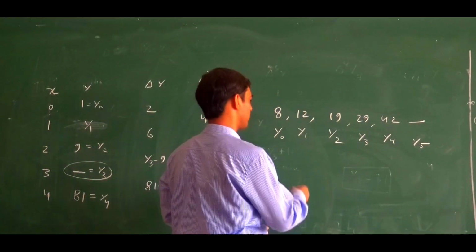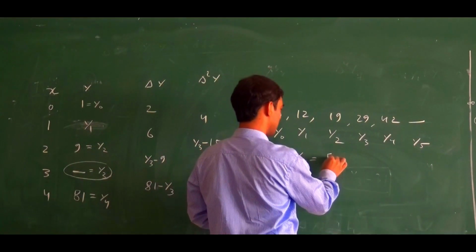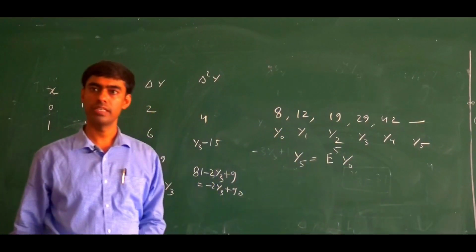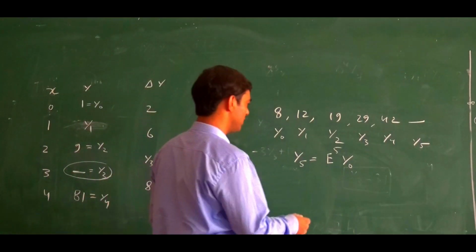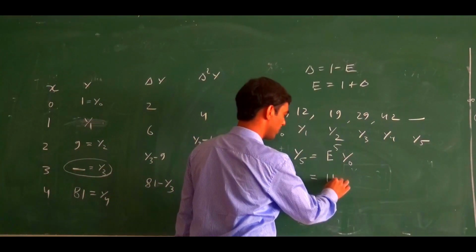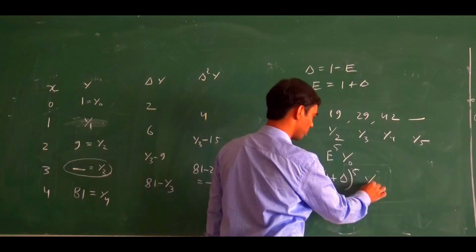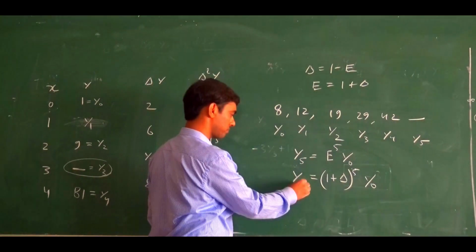So how do we find the value of y5? y5 is E to the power 5 of y0. Now, E to the power 5 of y0, we write as (1 plus delta) to the power 5 of y0. This one is y5.